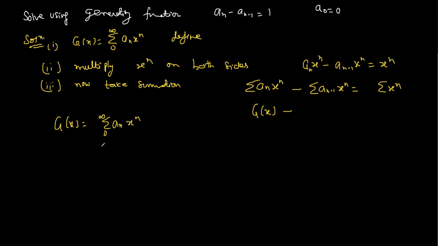See, when you multiply x on both sides, you will get a_(n minus 1) x^n.